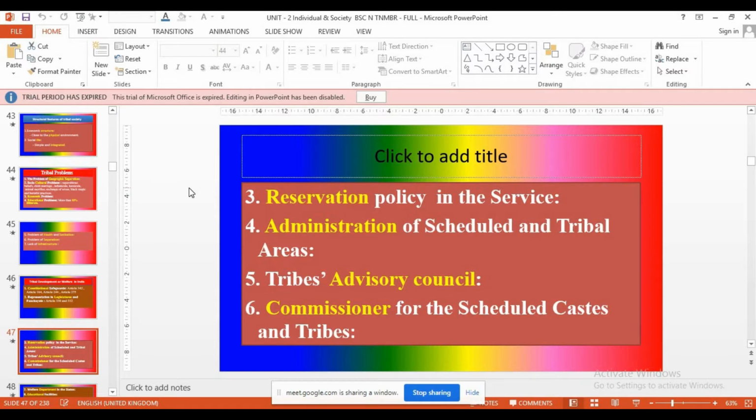Fourth measure, administration of scheduled and tribal areas, administered separately by the central government. Fifth one, the tribal advisory council.